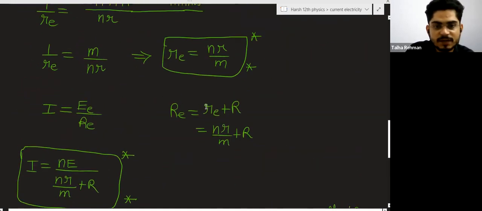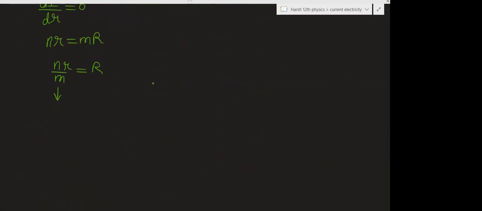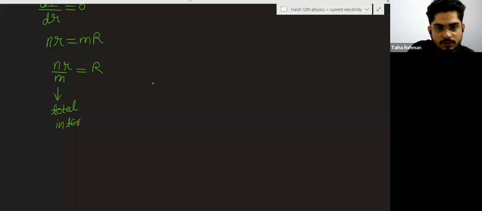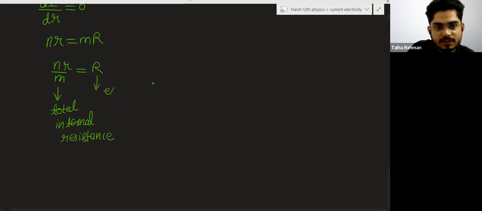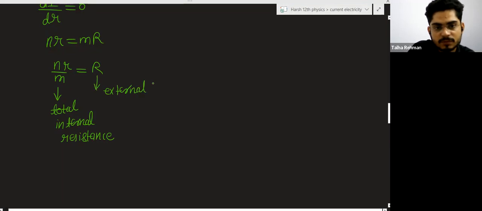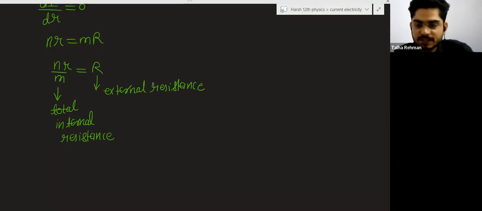This is the total internal resistance of the circuit, and this is the external resistance. So if you want maximum current in the circuit, then you should have the total internal resistance of the circuit equal to the external resistance of the circuit.